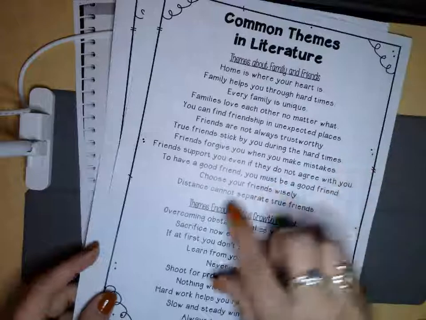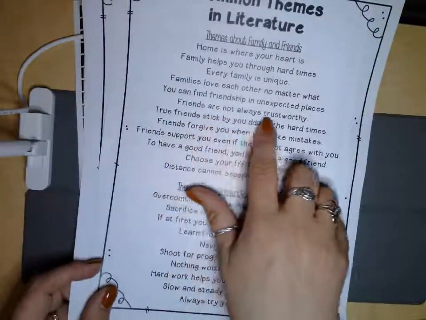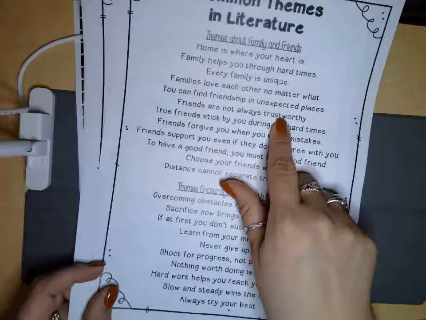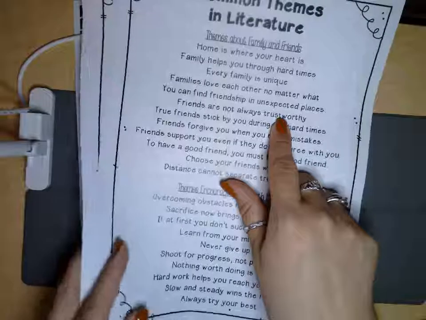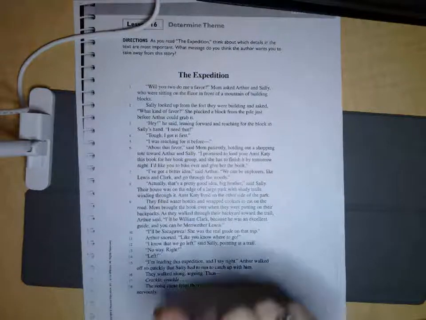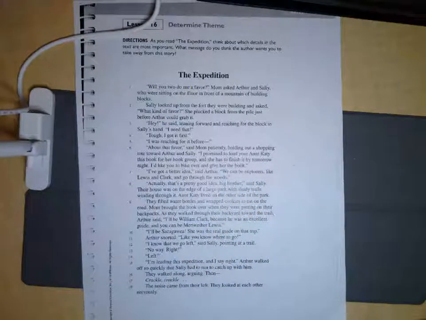So you may not be able to relate specifically to things that happen in Ben's life, but you may be able to relate to friends are not always trustworthy. Some of you can probably think of a time where you learned that lesson, unfortunately. Okay? So themes are definitely things that you want to relate to.